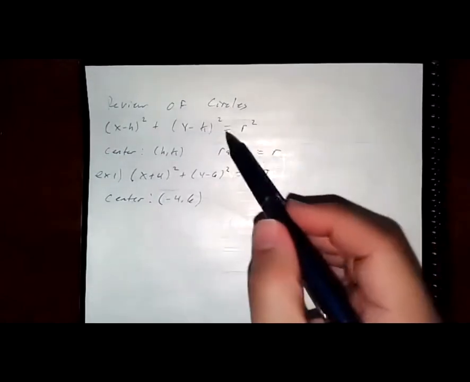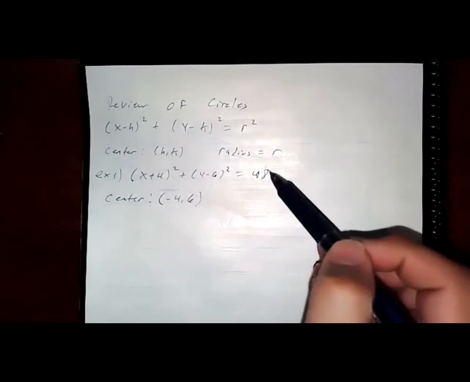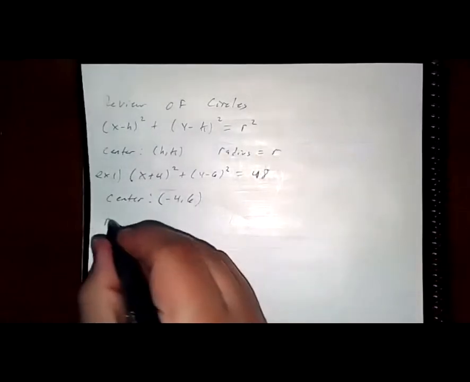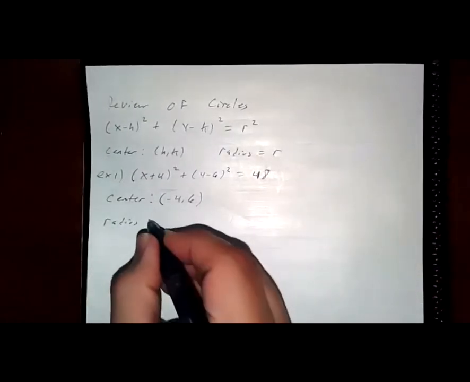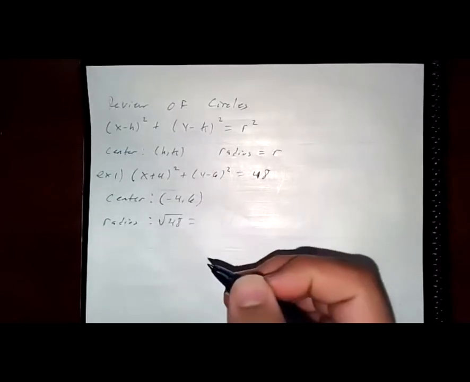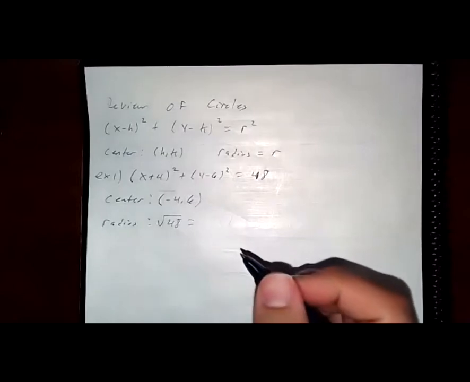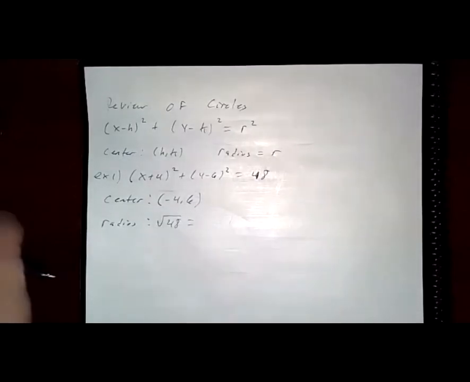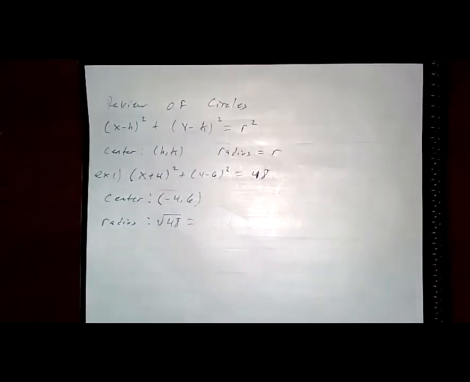Radius, remember how this is equal to r squared, so you'd have to square root this guy. So radius is equal to the square root of 48, which, does that reduce? What goes into 48? I feel like 16 does, doesn't it?